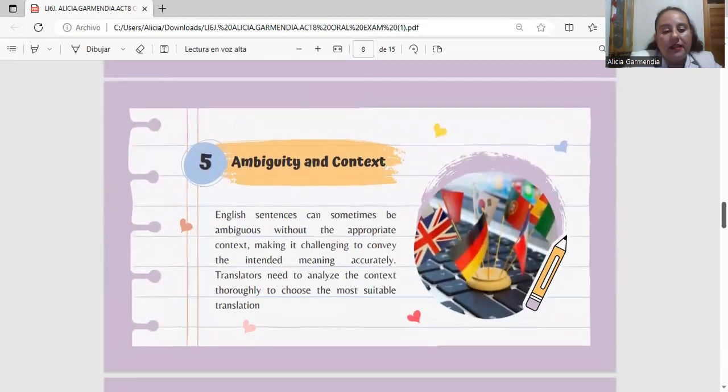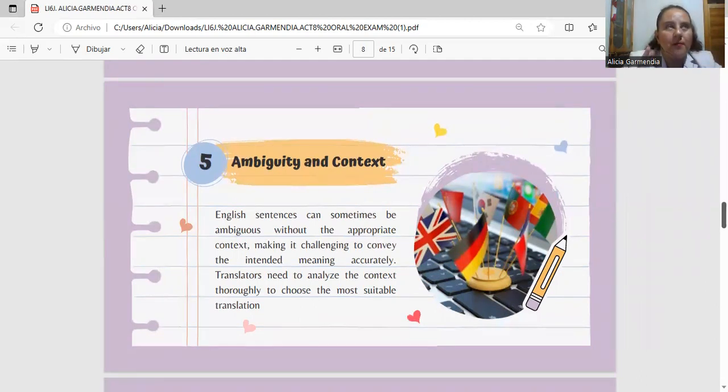In the ambiguity and context, an English sentence can sometimes be ambiguous without the appropriate context, making it challenging to convey the intended meaning accurately. Translators need to analyze the context thoroughly to choose the most suitable translation. In that part, it's like when we want to translate literally, and sometimes that literal translation is not correct.